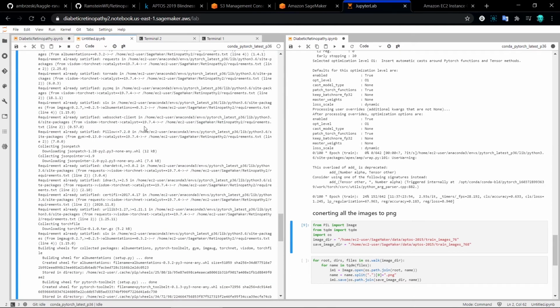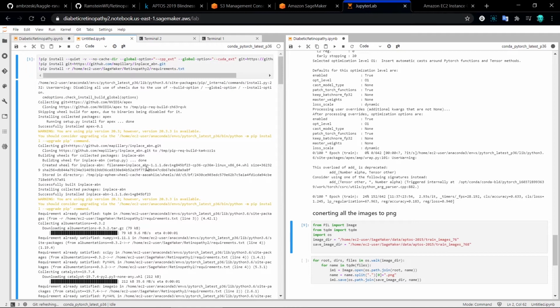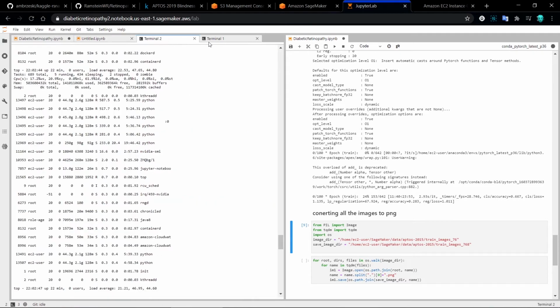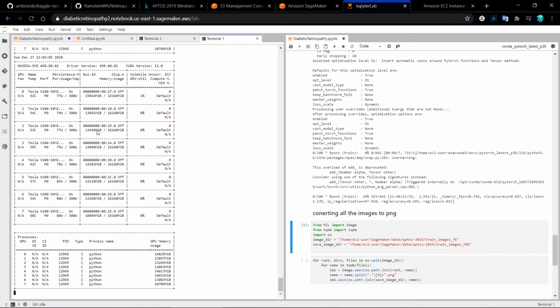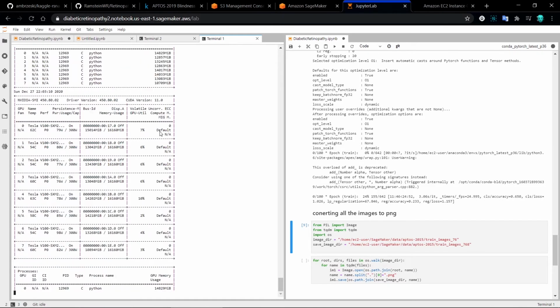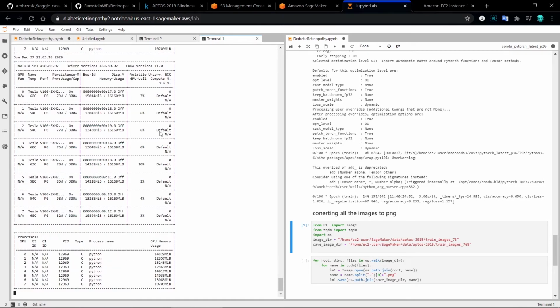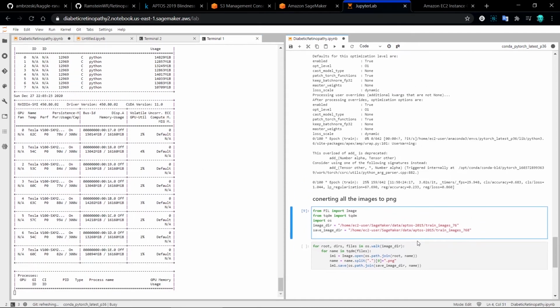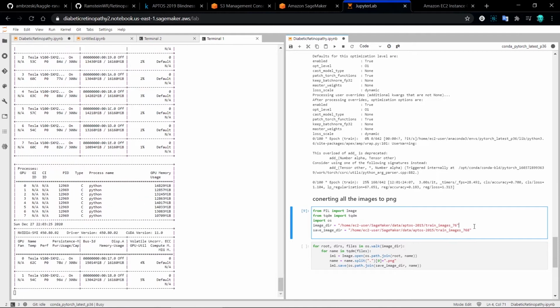I also made a mistake: I made a commit on GitHub for my diabetic retinopathy repository with my secret key of the AWS S3 user. So first of all I removed that file from GitHub.